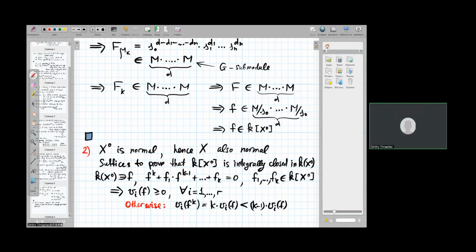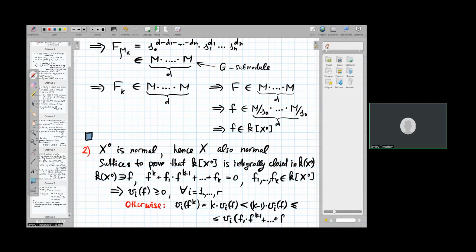And this is less or equal than the value of vi at the sum of all these summands. Let me say it like this: less or equal than the value of vi at the sum of f1 times fk minus 1 plus etc.